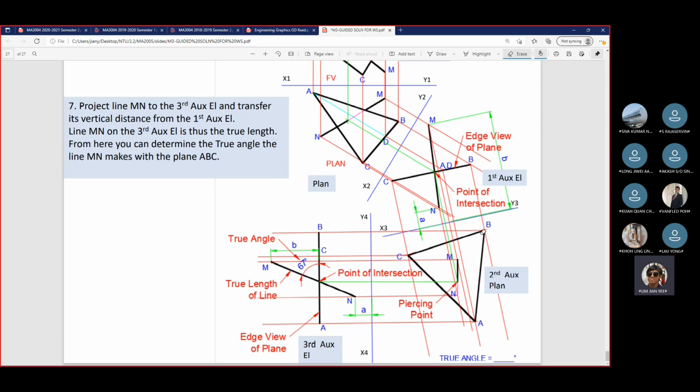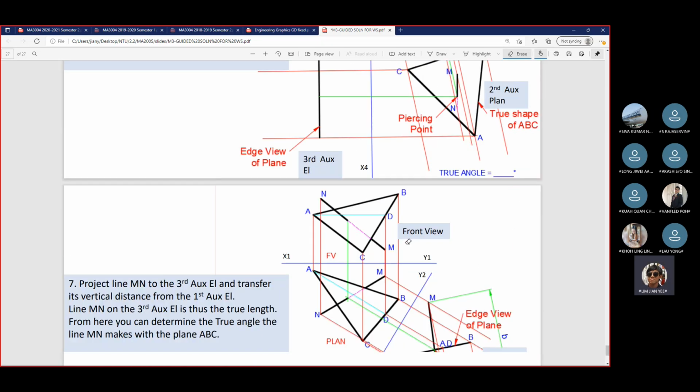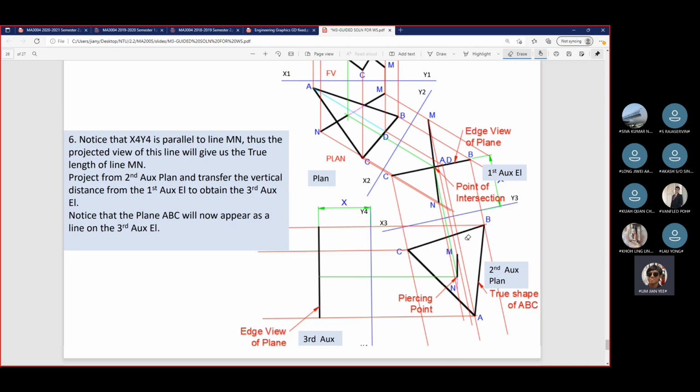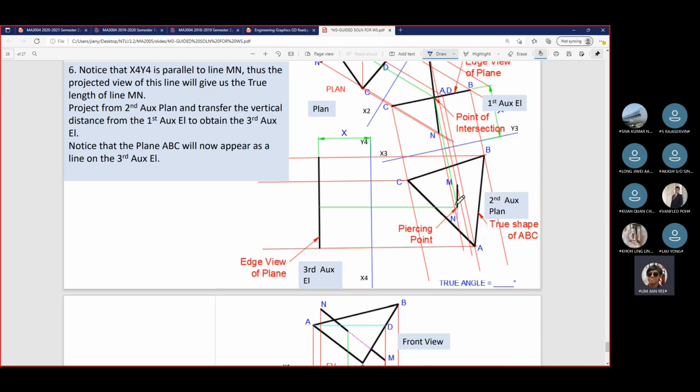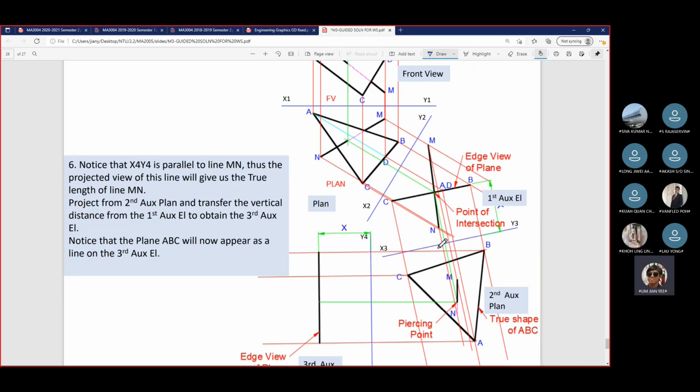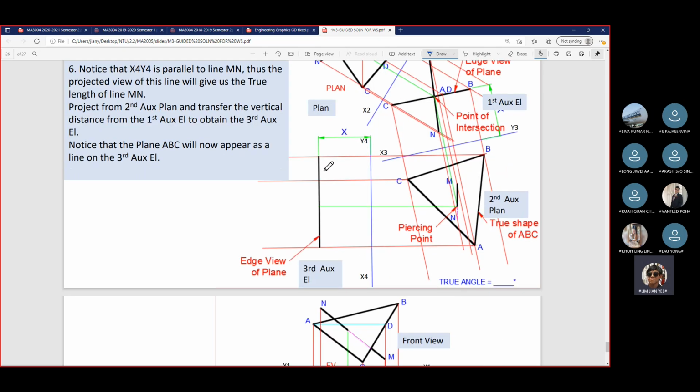So once again, this is the hella confusing part. Oh, and okay, this is not MN, by the way.